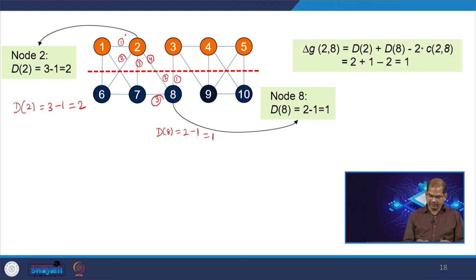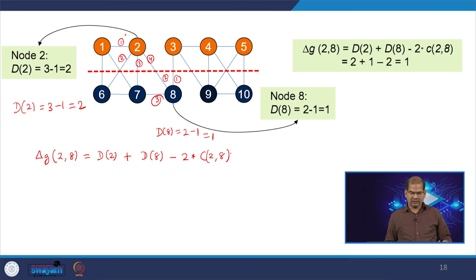Now, I need to find delta G. This delta G is between two nodes, D is for each node. If I swap 2 comma 8, my gain will be D of 2 plus D of 8 minus 2 times C(2,8). Is there a line connecting 2 and 8?